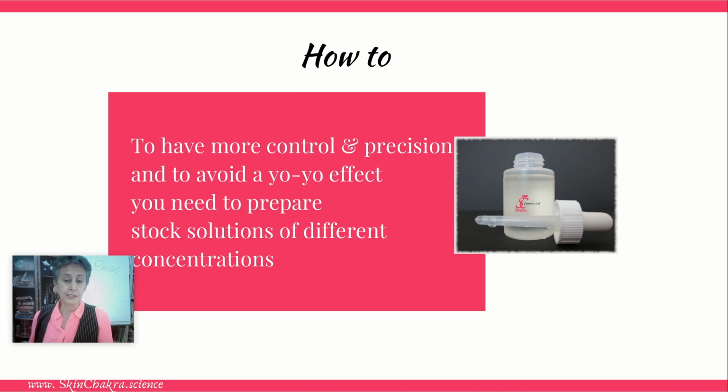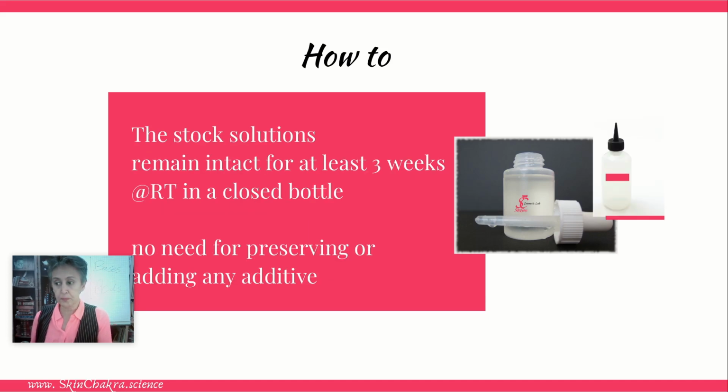Since you cannot have a fraction of a drop, you need to prepare other concentrations of your acids and bases, and the easiest way is to prepare stock solutions and have them handy whenever you need them.